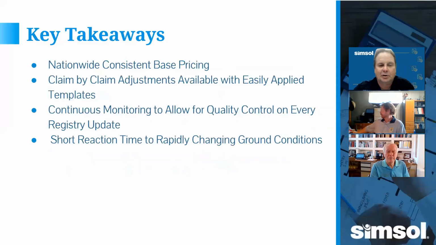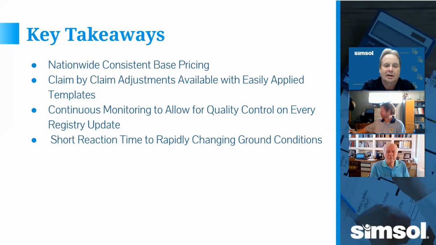So let me see. The key takeaways we got from this now is that, first of all, we start with a nationwide consistent base pricing, and that we get from Craftsman. Craftsman has been solid in their pricing. We have had absolutely no complaints, nothing wrong with them. Their pricing is phenomenal. It allows us to bring in the changes that we know apply to insurance. That's what our job is. And we can bring that in when we need to.